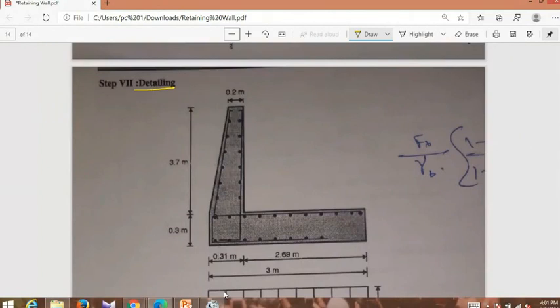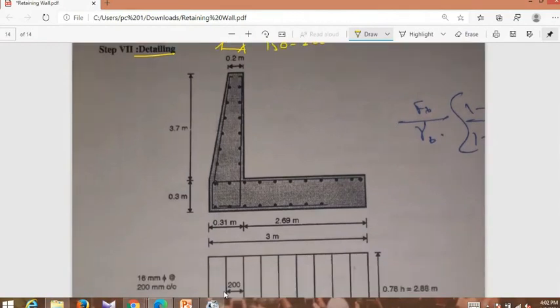Here we have considered the top width of the stem as 0.2. It ranges from 150 to 200, so we have taken 200. We have calculated the height, thickness, total base, and also determined the bottom width of the stem. From 3 meter we substituted and got 2.969.